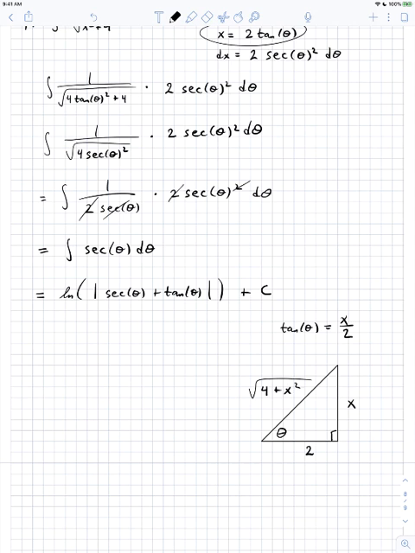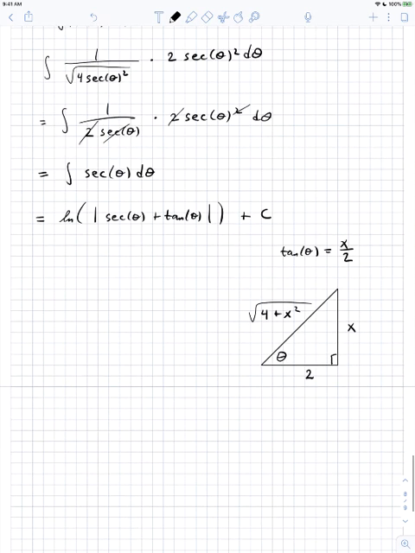Now secant is 1 over cosine, so the first thing you can do is write down cosine. Cosine is adjacent over hypotenuse, which is 2 over the square root of 4 plus x squared. That's cosine. Secant is 1 over that. So secant theta is the reciprocal, the square root of 4 plus x squared over 2.